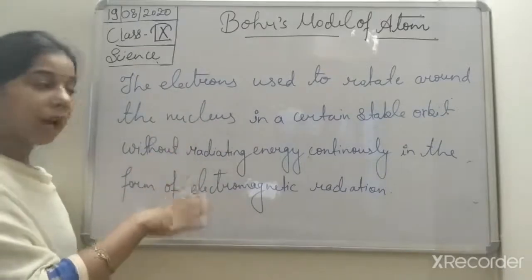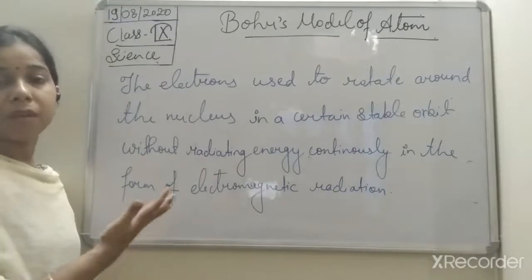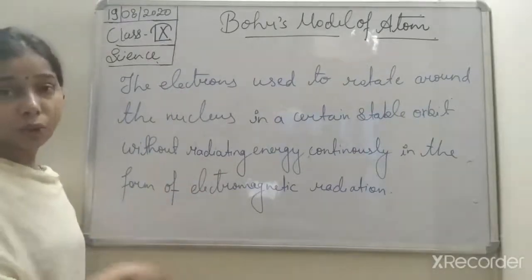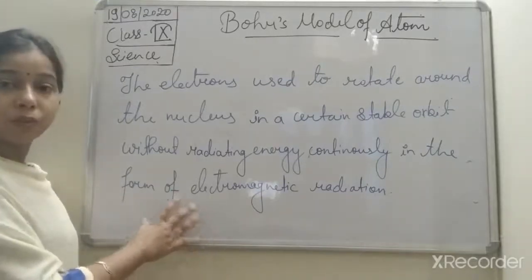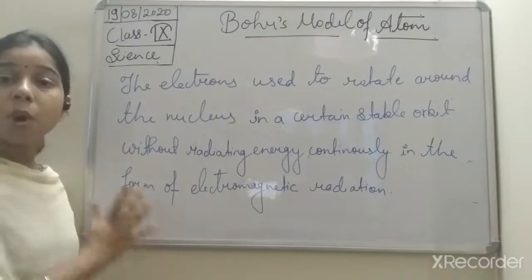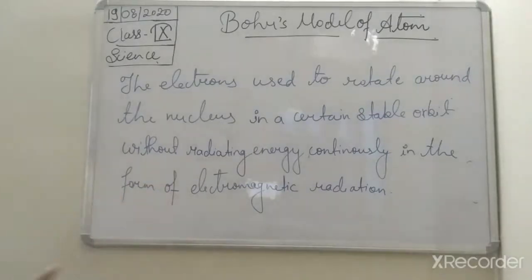So Niels Bohr first explained the drawback of the Rutherford model of atom, why the collapse does not occur, and finally on that basis he also gave some postulates that we will study right now.